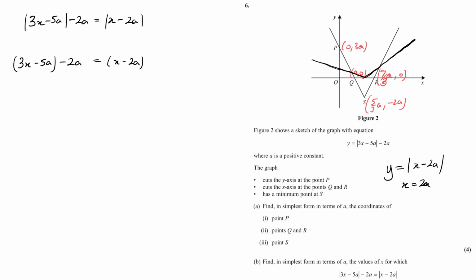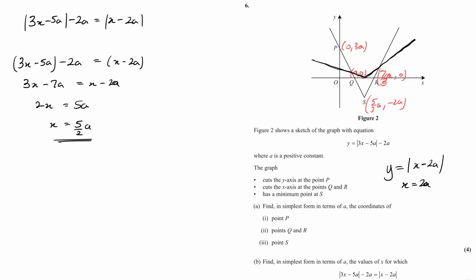This graph would still look like that without this modulus sign, and this graph would still look like this without its modulus sign. So now I can solve these. So 3x minus 7a equals x minus 2a. So that is 2x on the left and 5a on the right. So that is x equals 5 over 2a. And we're only solving for x, so that's all we need to worry about there.